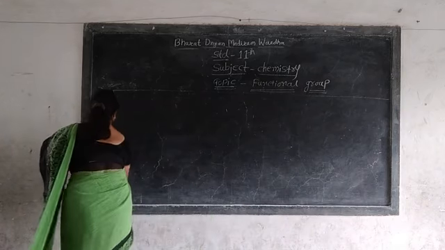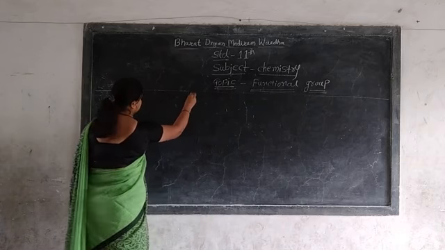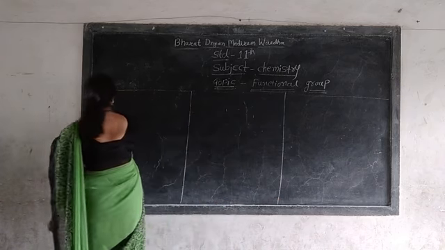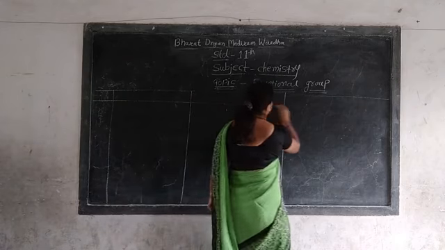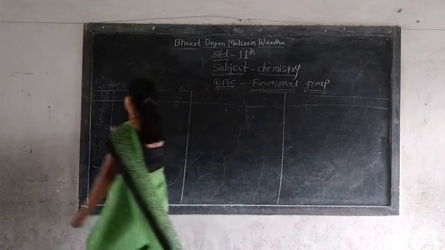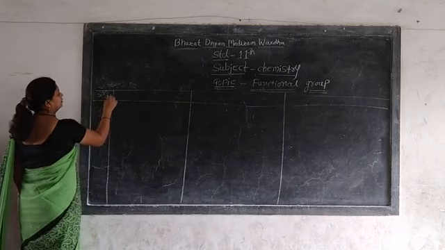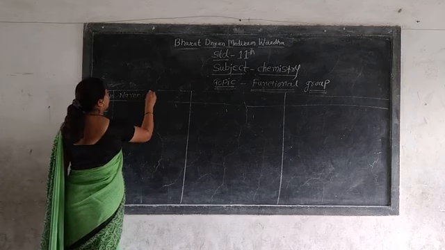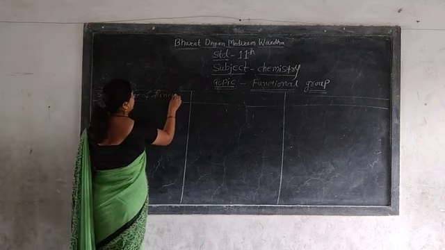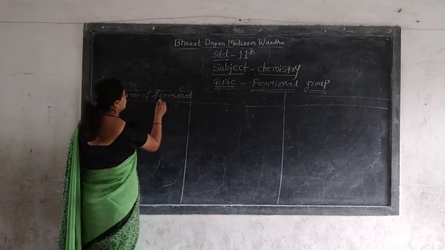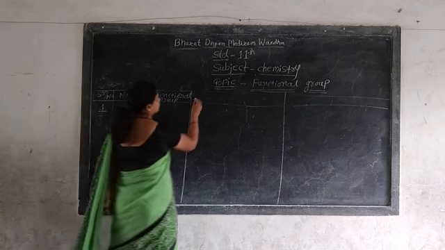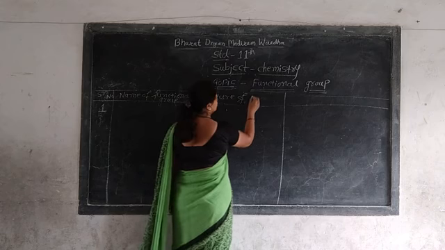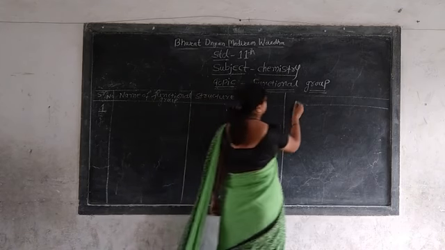Now we learn one by one the variety of functional groups present in organic molecules. We will see the serial number, the name of the functional group, the structure of the functional group, and the examples.